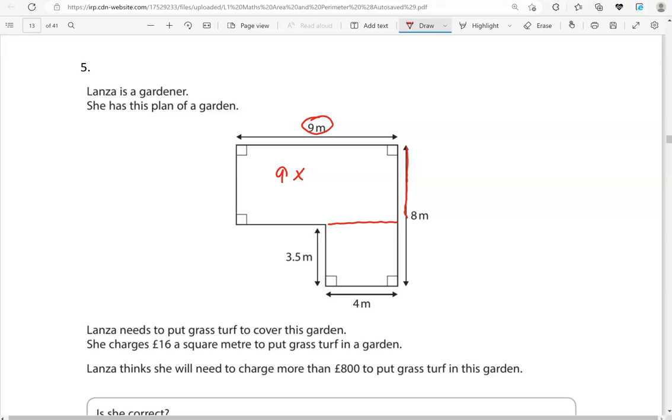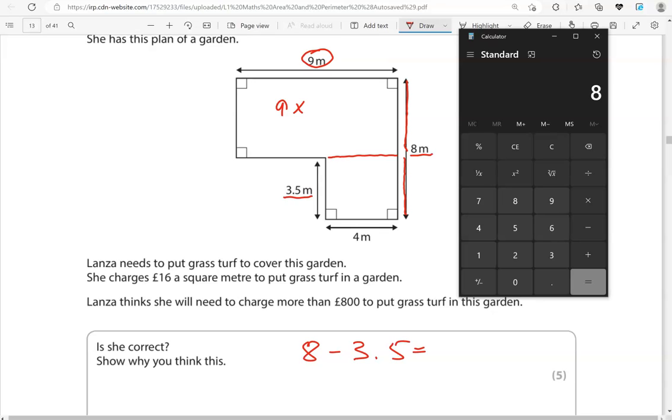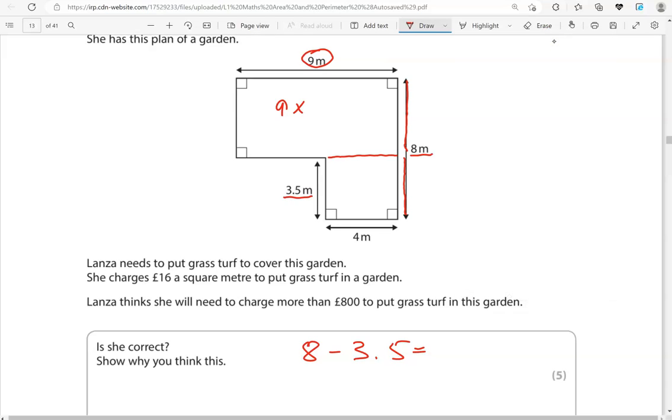That is 8 take away this length, which is 3.5 meters. So if I do 8 take away 3.5 first, that gives me 4.5.